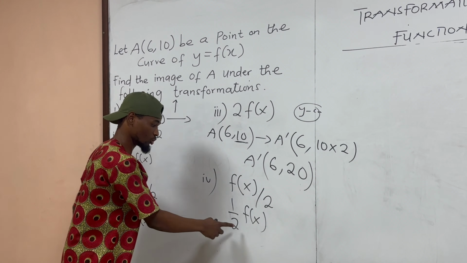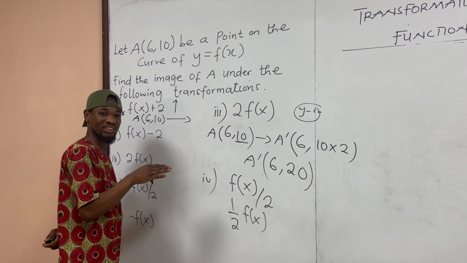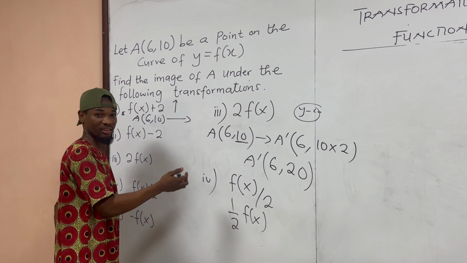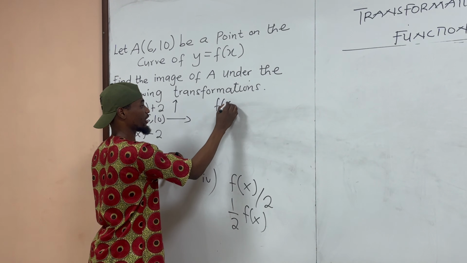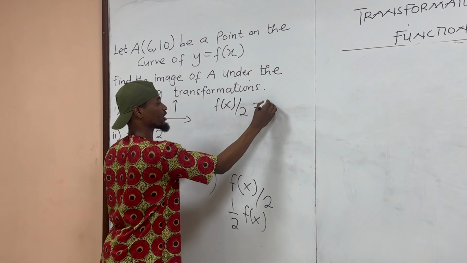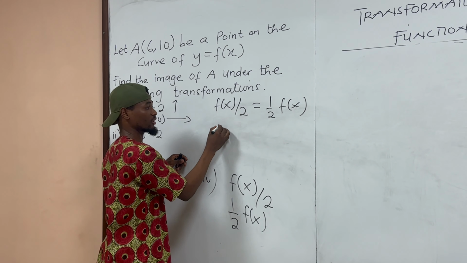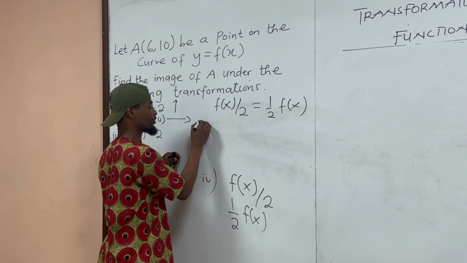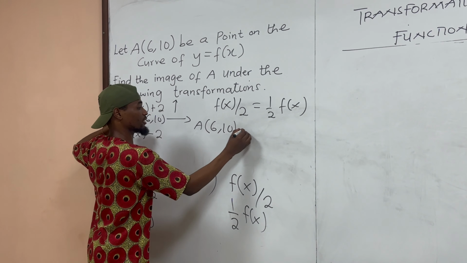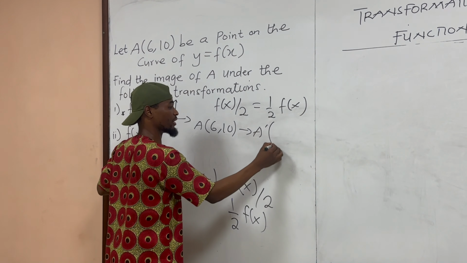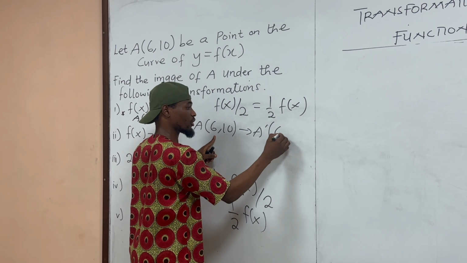Yeah. So because it's vertical, we are going to consider the y component, or the y coordinate. So I have f of x over 2, which is the same as 1 over 2 times f of x. Given that A is 6, 10, I have A prime, then the horizontal remains constant, 6, then comma.